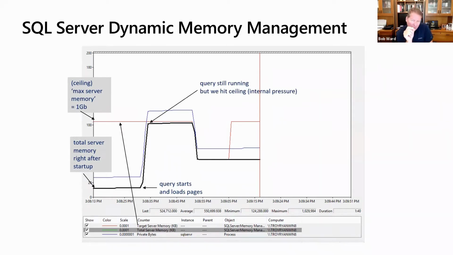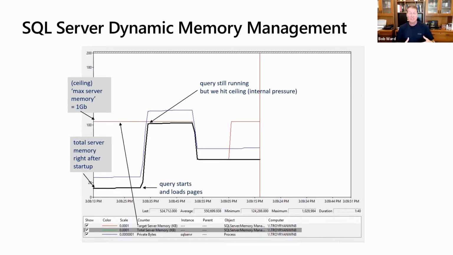We don't go all the way to that ceiling, we go very close to it. And now what will trigger if the query still needs database pages to be brought into cache is called internal pressure. What do I mean by that? SQL Server manages its own memory, so it has a resource monitor looking at this going, hey, we're almost at our ceiling here, but we need more memory. What are we going to do?